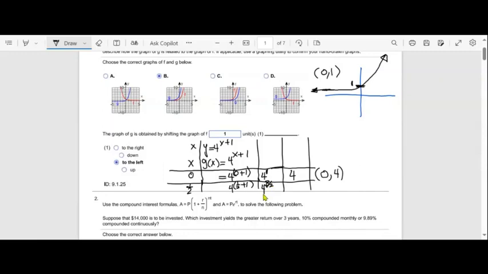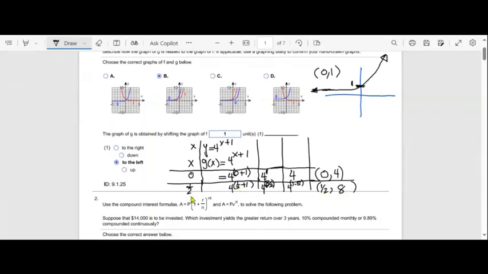You can use the calculator to find out how much it is, like 4 to the power of 1.5. So 4 to the power of 3 over 2 will give us 8. So when the value of x is half, g of x is 8.